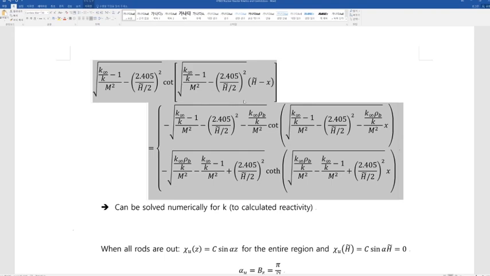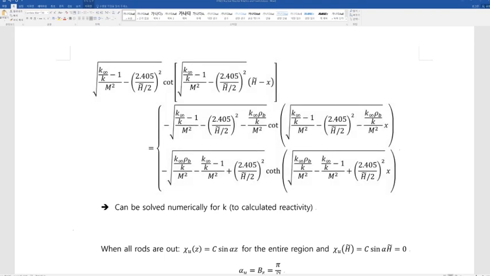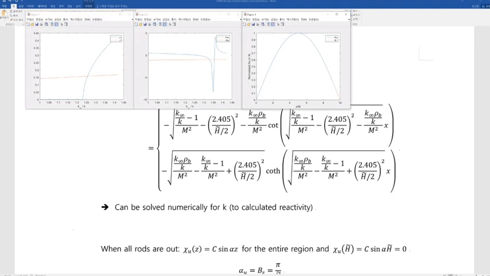After numerically solving this equation, if we calculate the shape of neutron flux for a tightly coupled reactor, when the height is about 10 times the migration length, these graphs were used to find the solution for k.